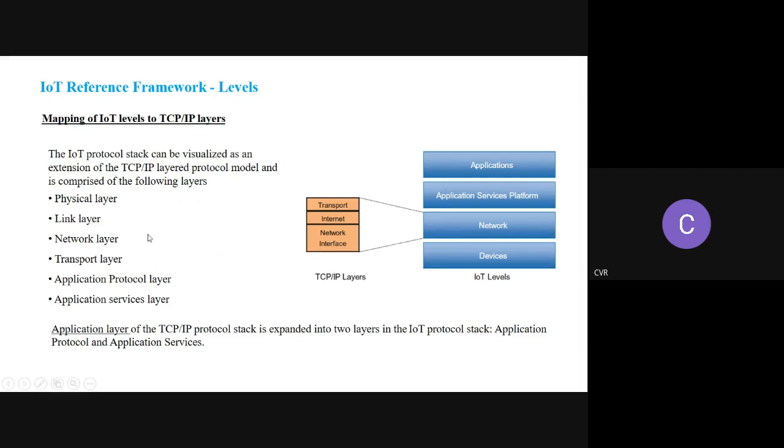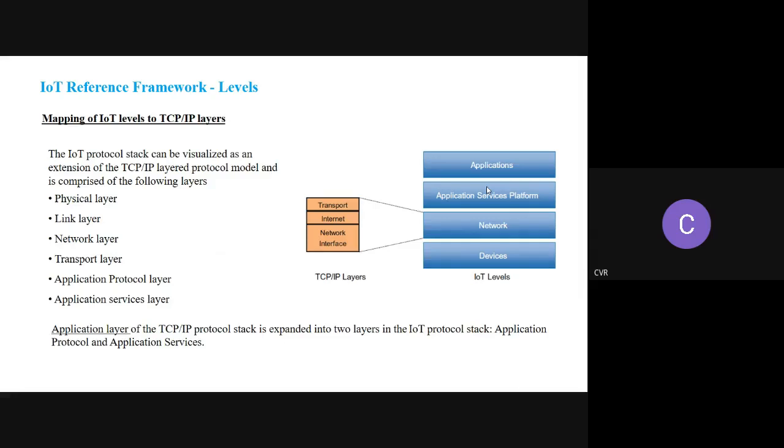These are the different layers in the IoT: the physical layer, the link layer, the networking protocol layer, then the transport and application protocol layer, and the application service layer. This is very important. The application layer and the application service platform are the major additional things for the IoT layers.